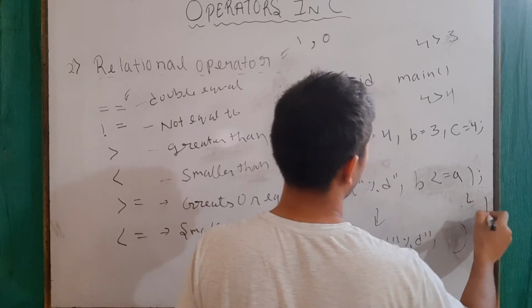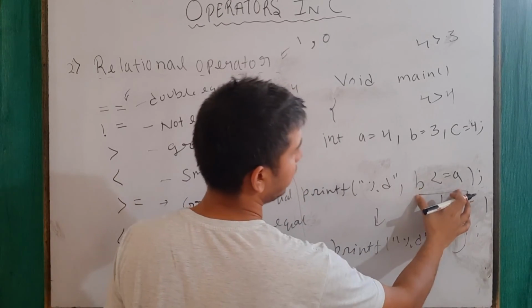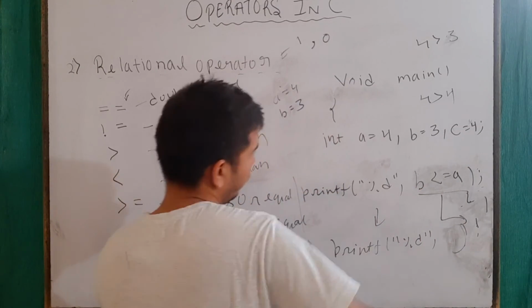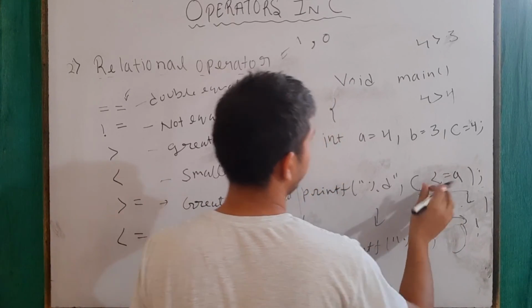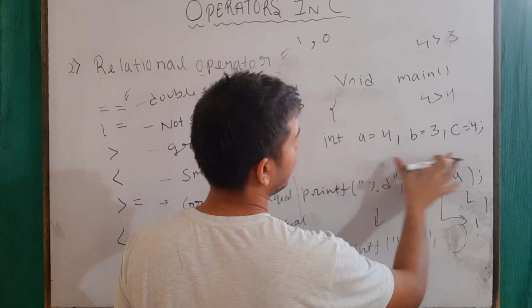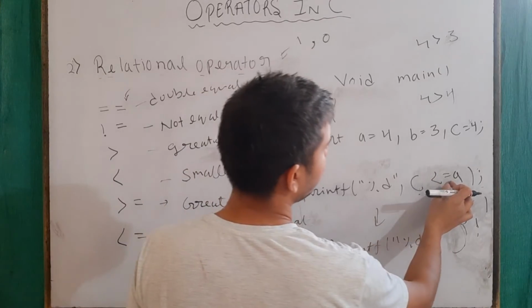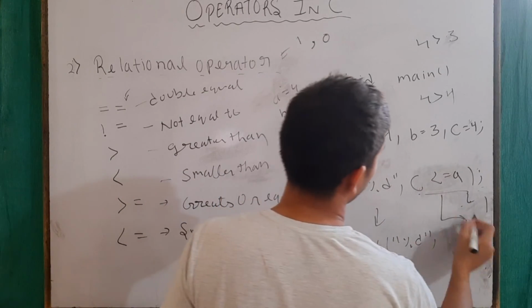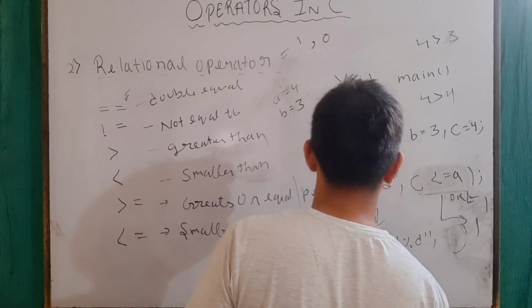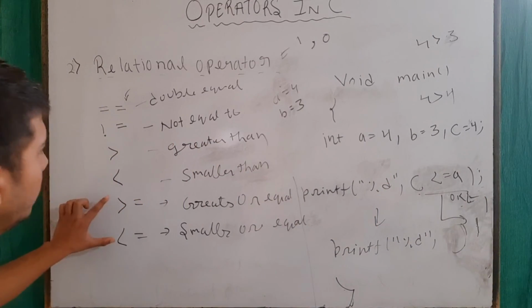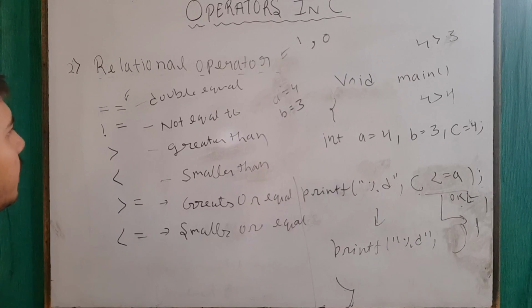So after this expression takes place, it will give me 1 as an output. Right? If I write here, let's say, C less than equal to A. Is 4 less than 4? No, 4 is not less than 4. But 4 is equal to 4. Yes. So this condition will also be okay and it will give me 1. Right? These two check for two conditions and the others check for only one condition.